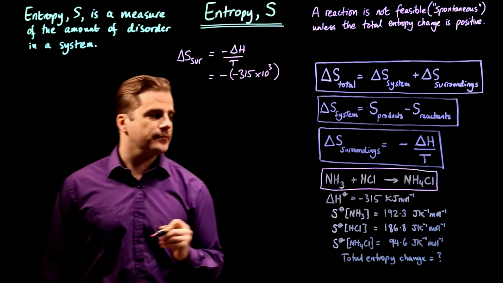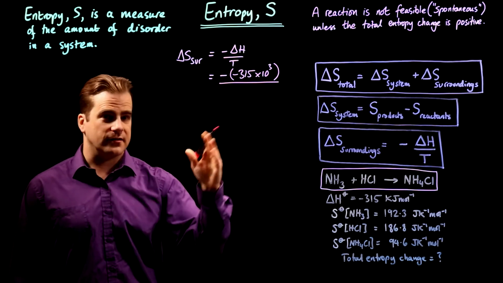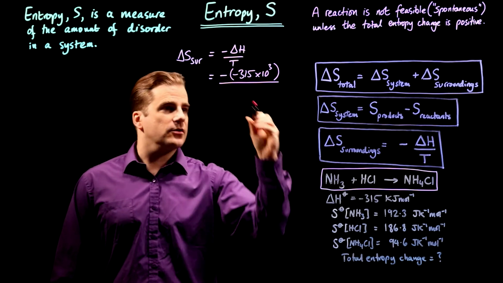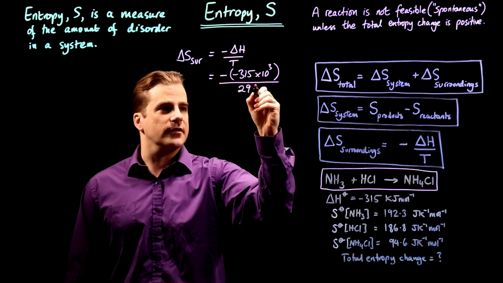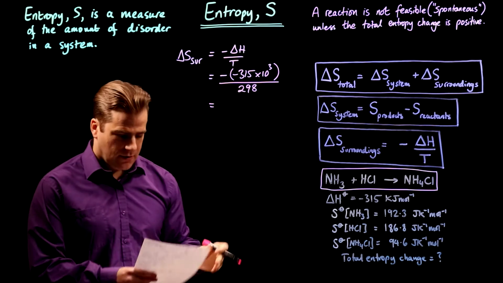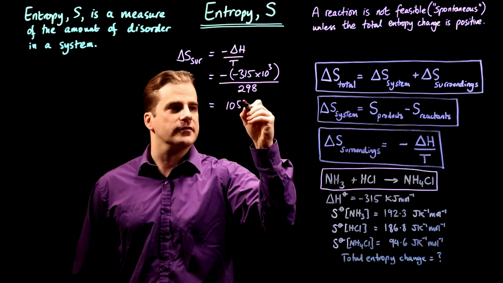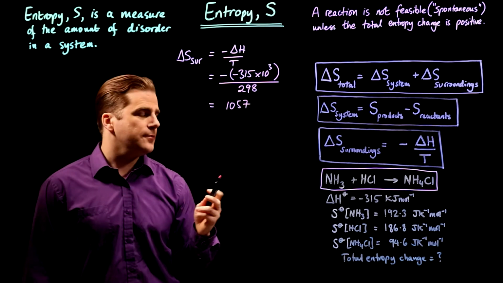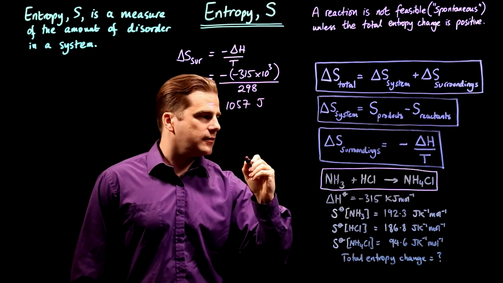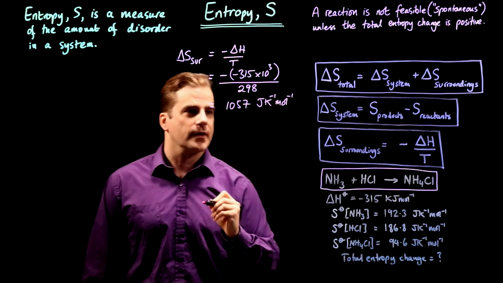You've got to be careful with your minus signs; there are 2 there, so it's going to be positive. Temperature, standard conditions, is 298 Kelvin, 25 degrees C. Minus minus is a plus, and that turns out to be 1057. The units of entropy are joules per Kelvin per mole.